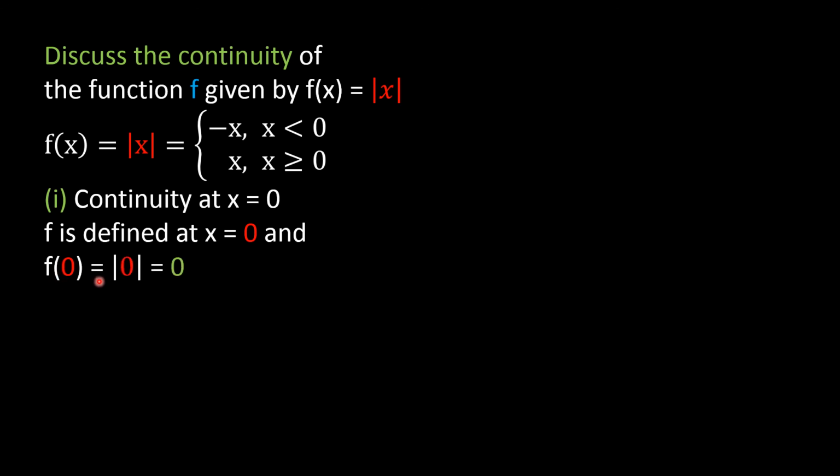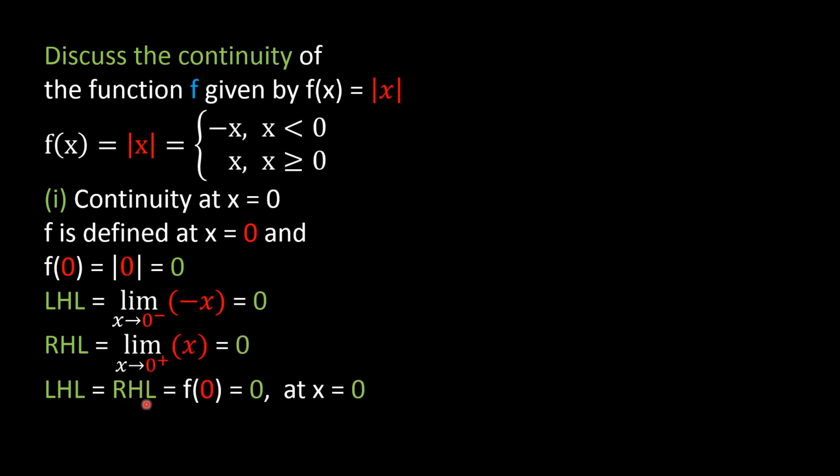So f(0) will be mod 0, which will be 0. According to this, left hand limit, as x approaches 0 negative, will be 0. Right hand limit equals left hand limit, which also equals f(0), which is 0. Hence, the function f is continuous at x equals 0.